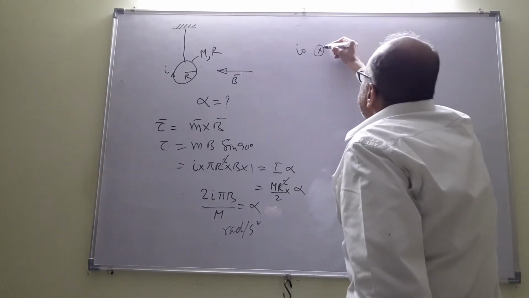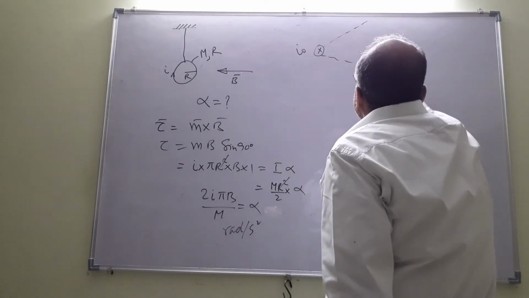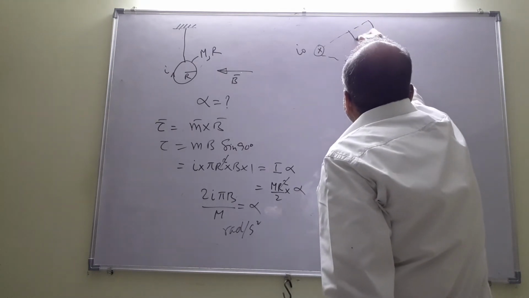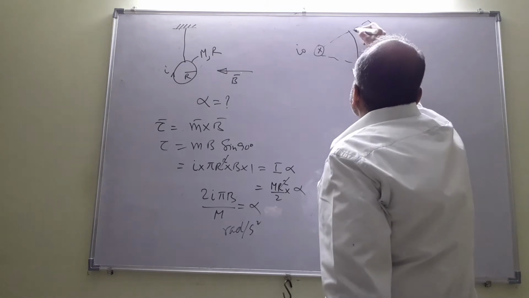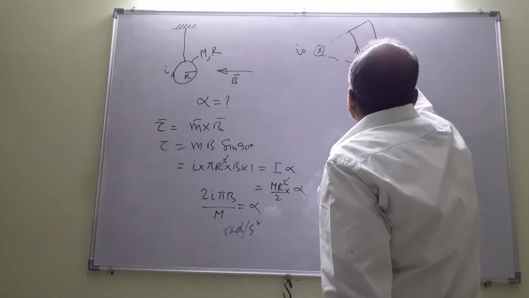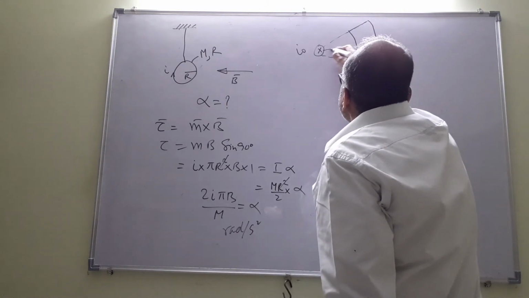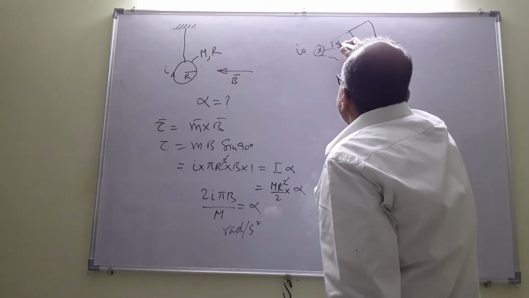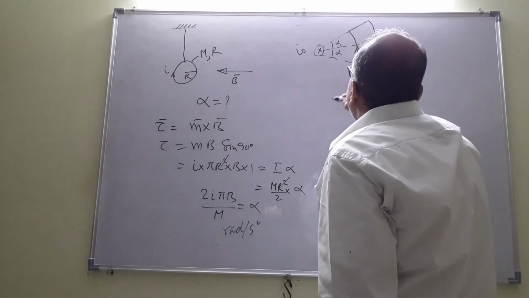And here you find that there is a loop, another current carrying loop. This is the angle bisector, this is alpha and this is alpha.